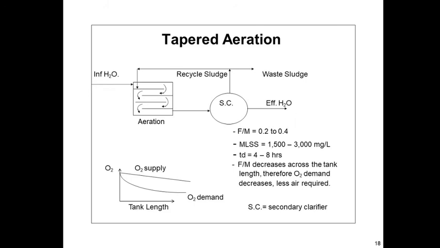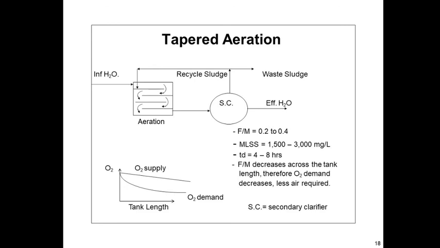The next one is tapered aeration. Okay, so you can see here the tapered aeration. In tapered aeration, air is supplied at different rates along the length of the tank according to need. Okay, so it ensures higher air supply at the inlet and in the initial length of the tank as compared to the downstream length.